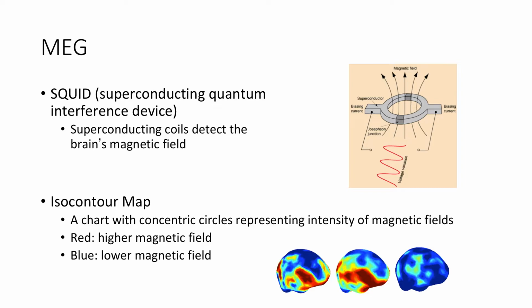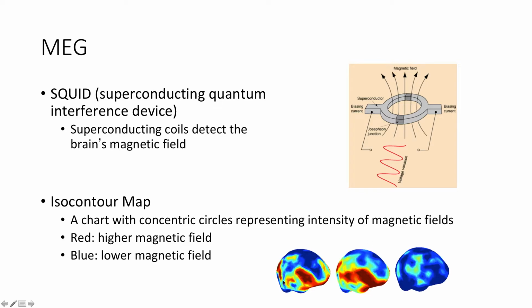One or more probes are then moved across the surface of the skull, and this will send the signals to the SQUID. Here you can see a picture of this SQUID. Each probe then produces an isocontour map, which, as you can see right here, is a chart with concentric circles, a gradient representing different intensities in the neuromagnetic field.